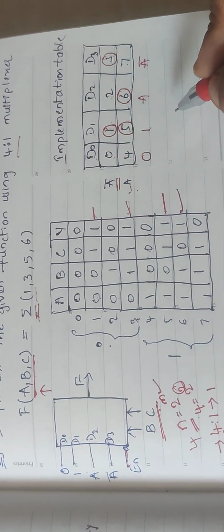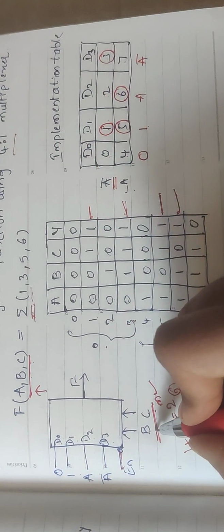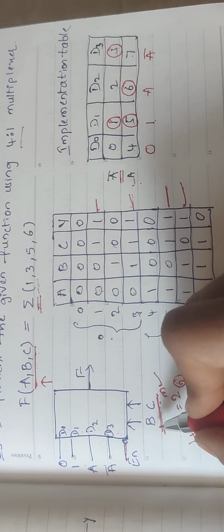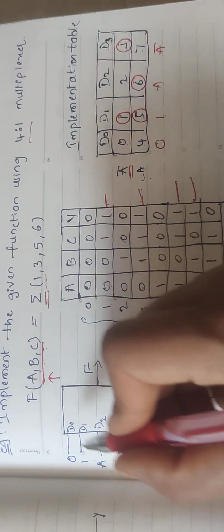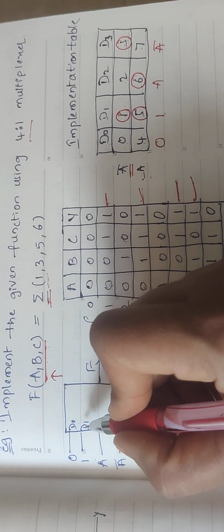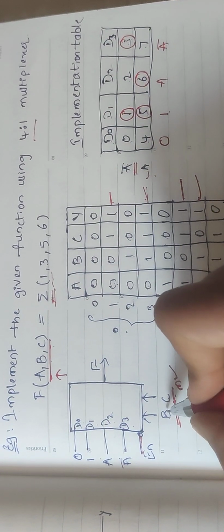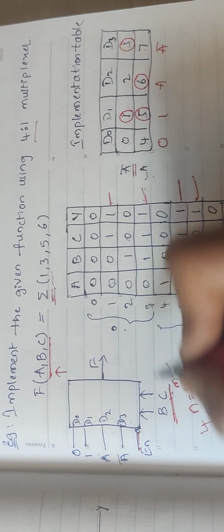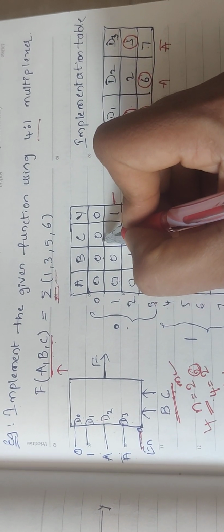Now from this, just verify this table, the values of B and C. Depending on which select lines I select, for the particular select line, which input data will be connected to the output? Now I will consider first the value of B as 0 and the value of C as 0.